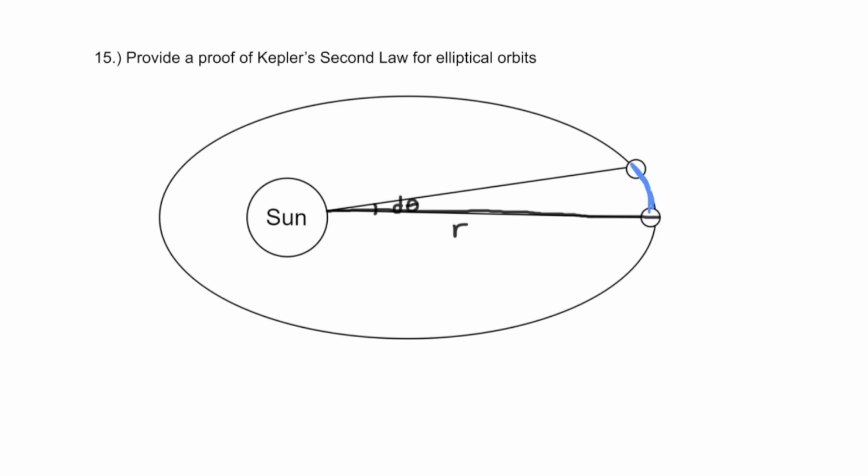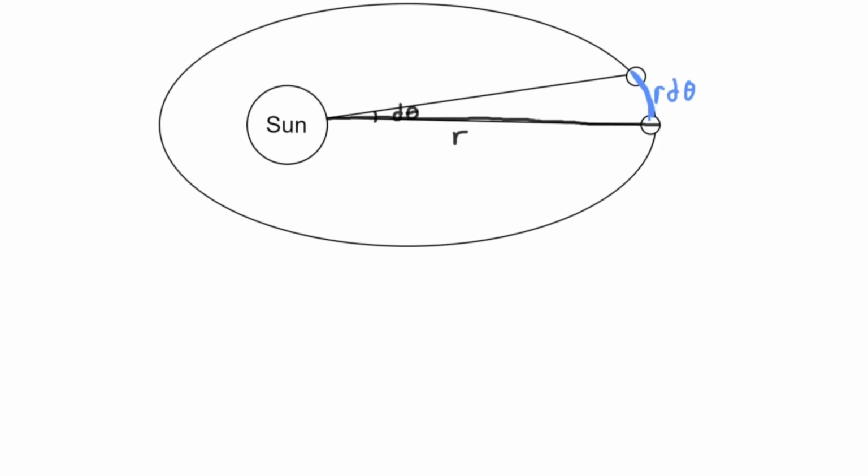And notice that that is just a little arc length. So that's going to be the same as r times d theta, because it's approximately circular at this time. So that means that our area, either using the area of a sector formula, or we can just approximate it as the area of this little triangle.